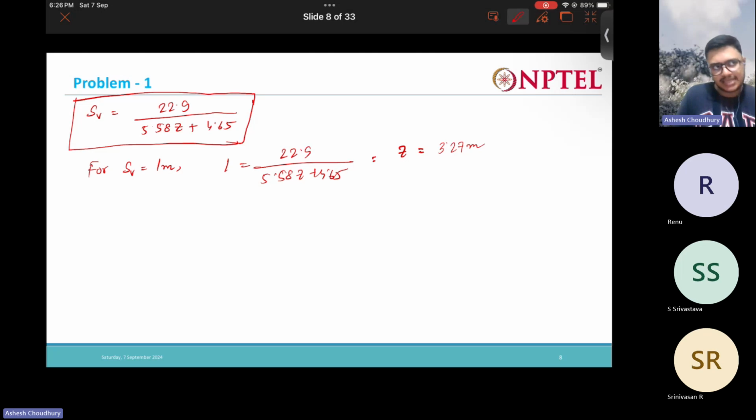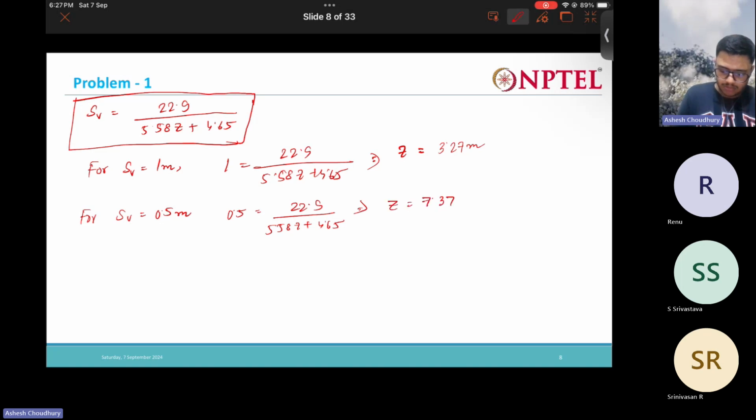So now let us say if we provide 0.5 meter spacing, till how much depth can we go? Let's check. Right, we got 7.